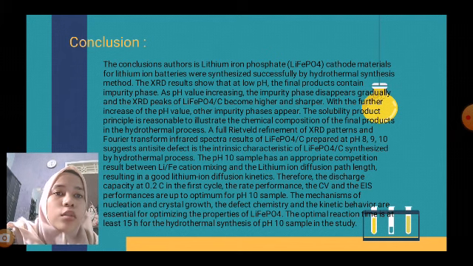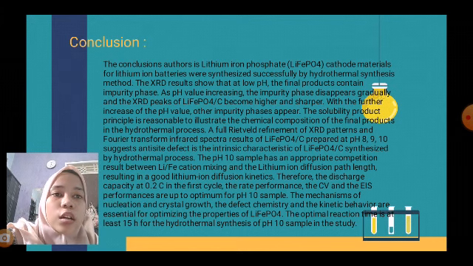With the further increase of the pH value, other impurity phases appear. The stability predominance diagram is reasonable to illustrate the chemical composition of the product in the hydrothermal process.